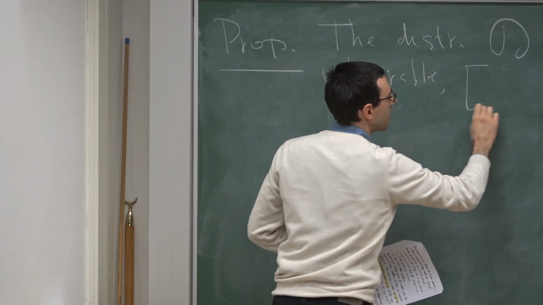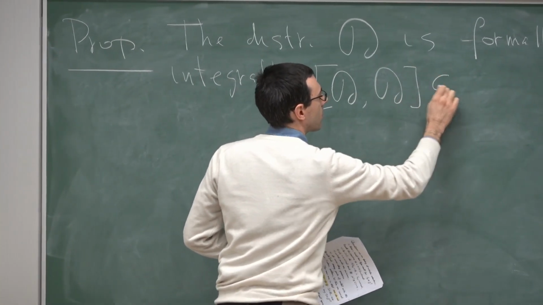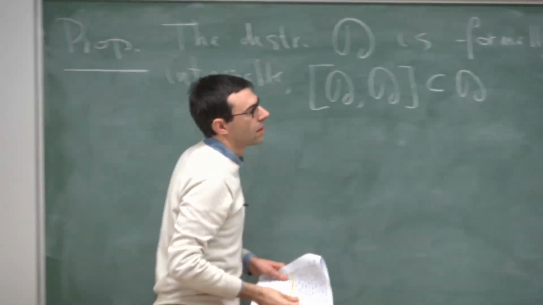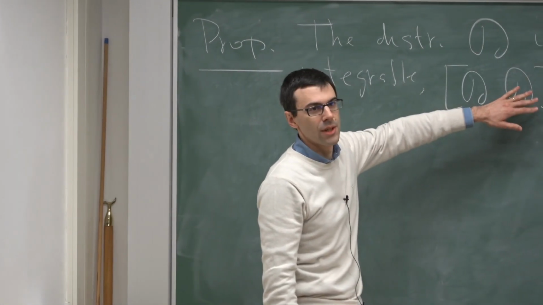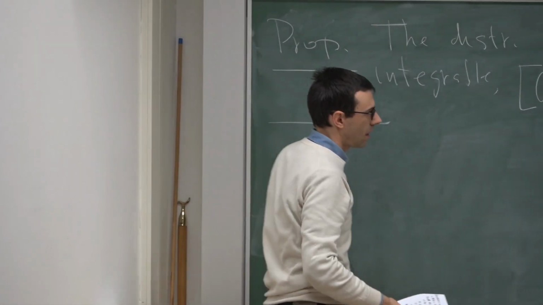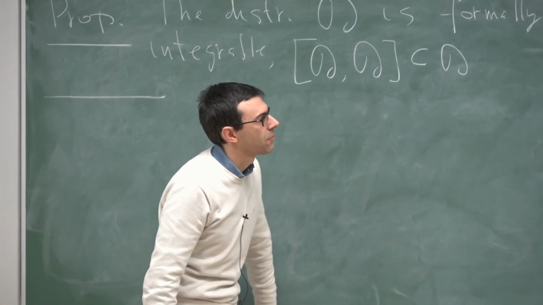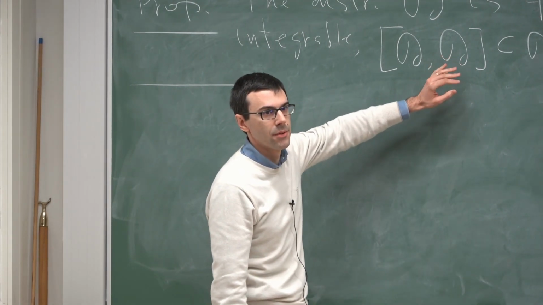I just mean it's involutive. Which in infinite dimension does not mean it's actually integrable, but in fact, in many cases, you can actually find integral leaves for this distribution.